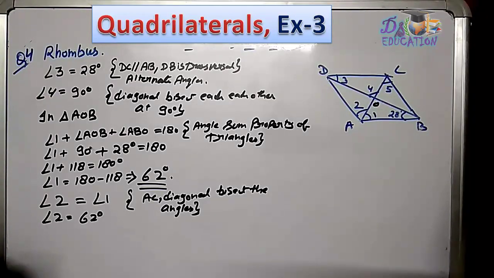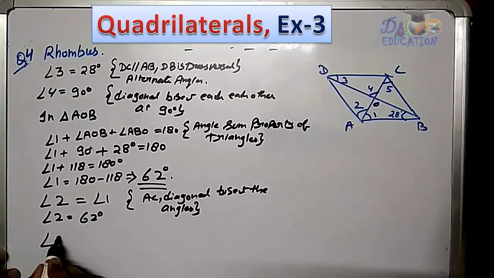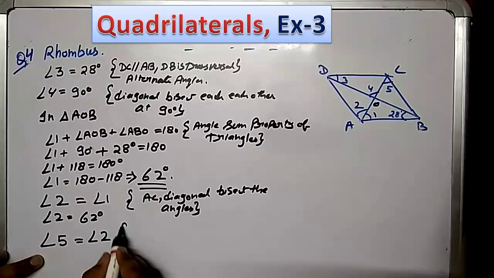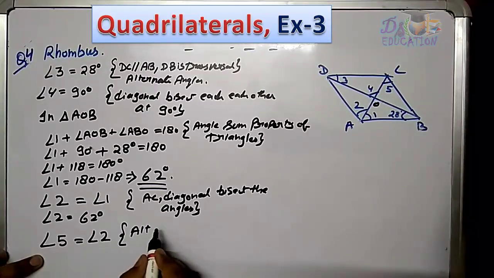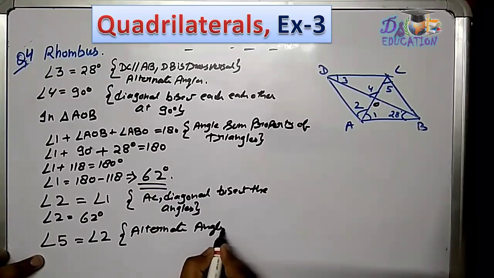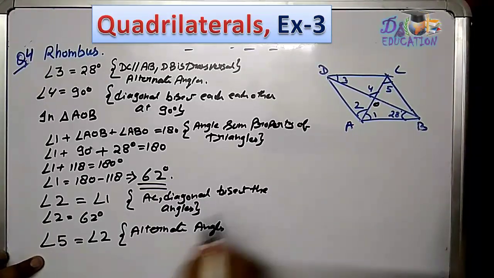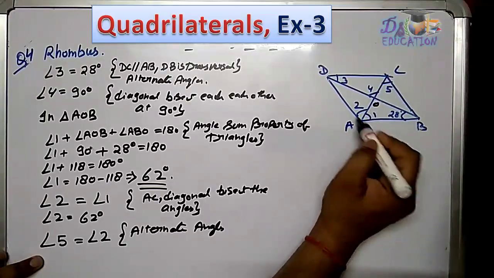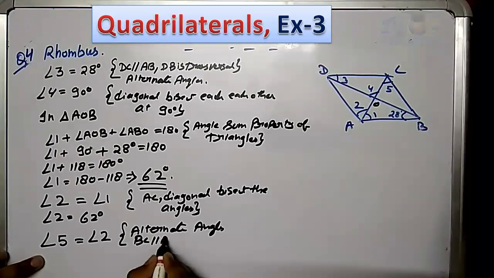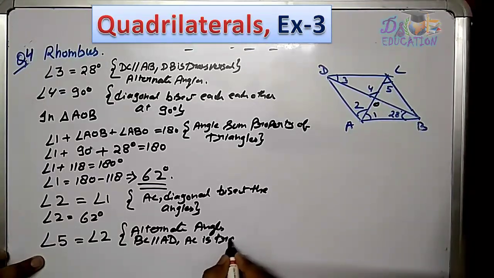Now the last is angle 5 that we have to calculate. As you have found angle 2, angle 5 is equal to angle 2. Why so? Alternate angles. Why are they alternate angles? This is angle 2 and 5, alternate angles, that is BC is parallel to AD and AC is transversal.